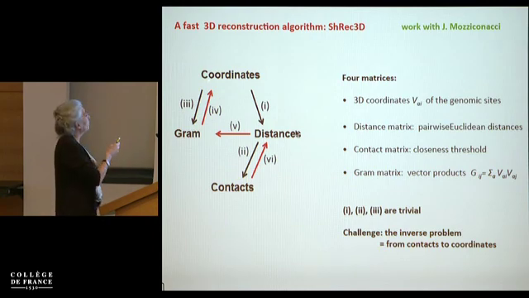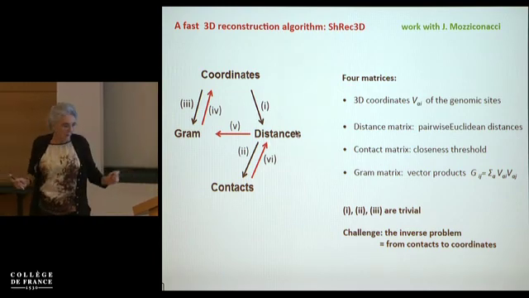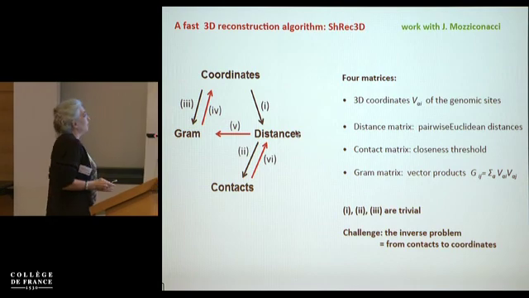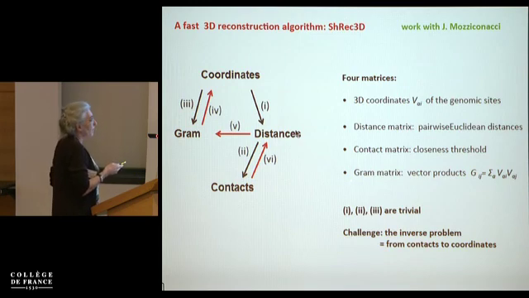What we want, the coordinates; what we have, the contacts; and 2 intermediary matrices: a distance matrix, that is the distance between any 2 genomic sites, and another auxiliary matrix, which is termed the Gram matrix, and which is simply the matrix of the vector products between the different coordinates.